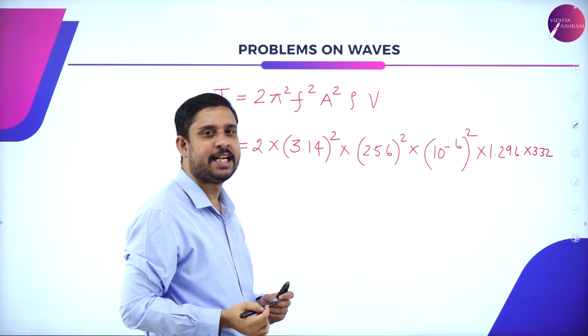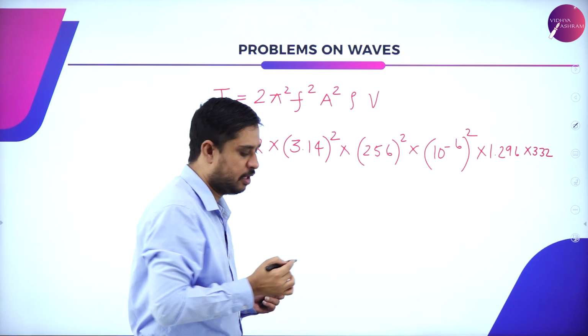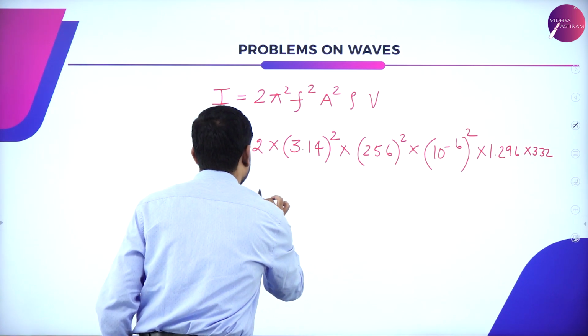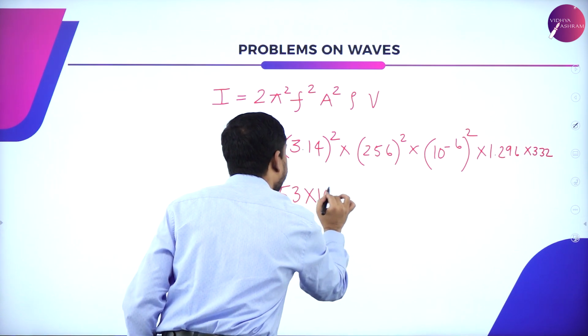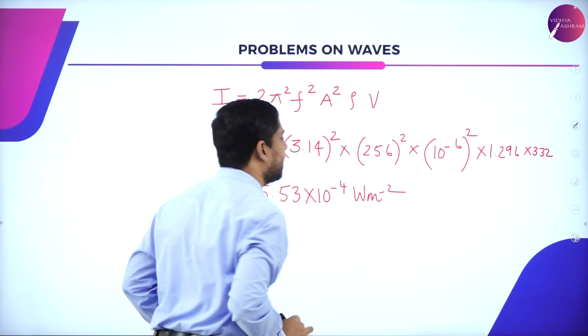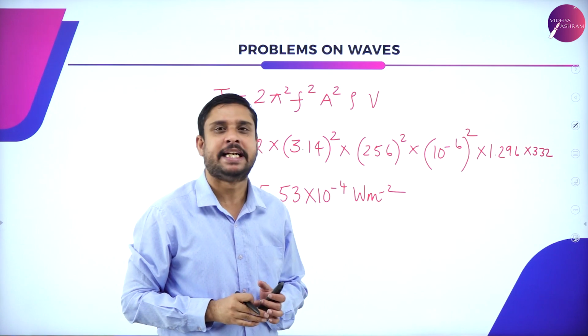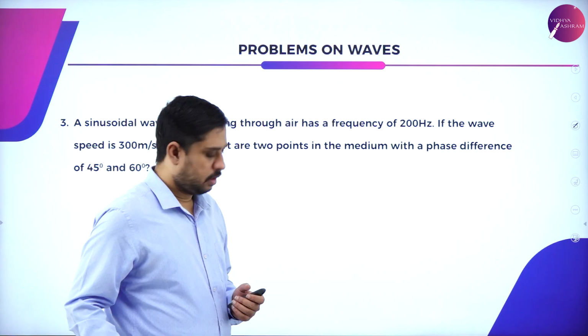Pick up your calculators. Simple is the calculation. So 5.53 into 10 power minus 4 watt per meter square. Watt per meter square is the SI unit here.